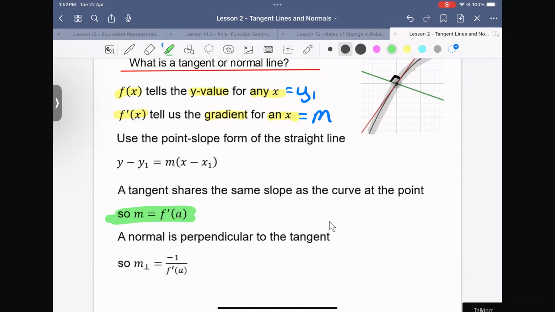Now, a normal line is perpendicular to the tangent, which means it has the negative reciprocal gradient. We can also see this as minus 1 over m, where m is the gradient of the tangent.